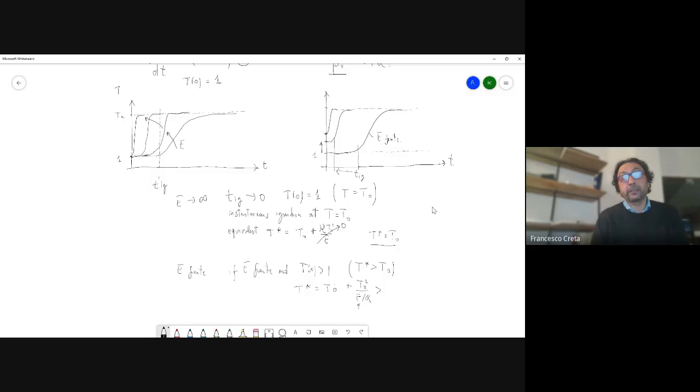So it ignites instantaneously somewhere here, so the ignition time is equal to 0, for an initial temperature that is bigger than T0.